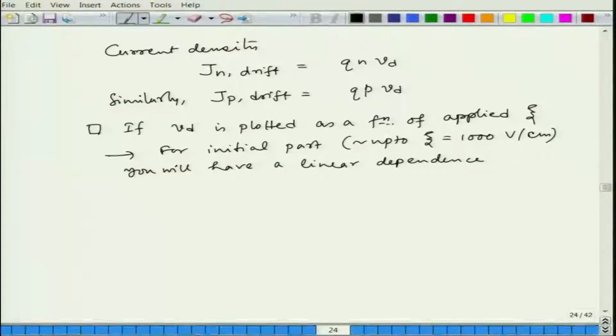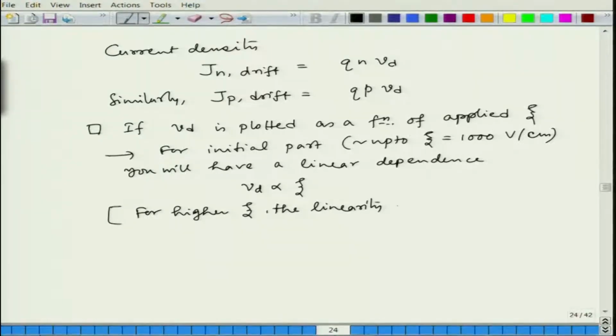Here also, if V d is plotted against xi, the field, then you will get the initial linear relationship. So, for that part what we can write is V d is proportional to xi, and for higher xi the linearity is not followed.